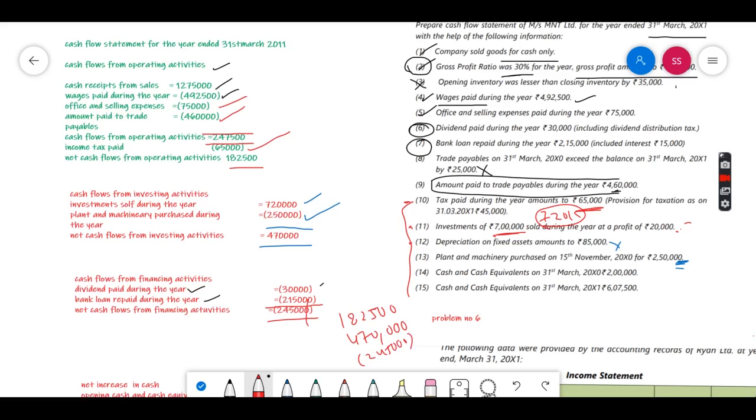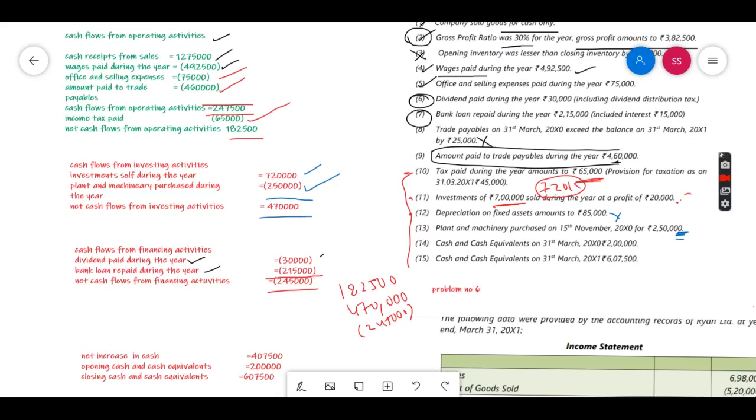Net increase in cash, which is 4,07,500. For that, add the opening, 2 lakhs. This is the opening, right? Then you will automatically get the closing, which is 6,07,500.